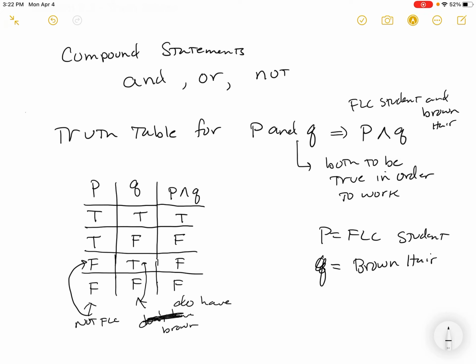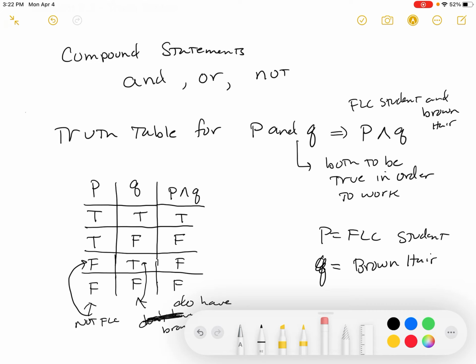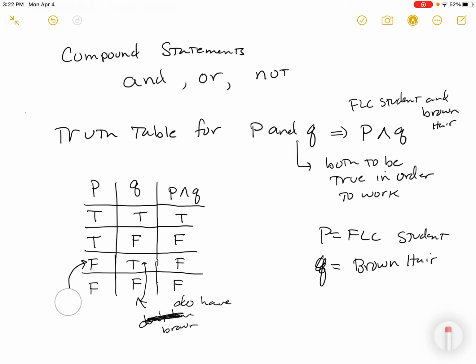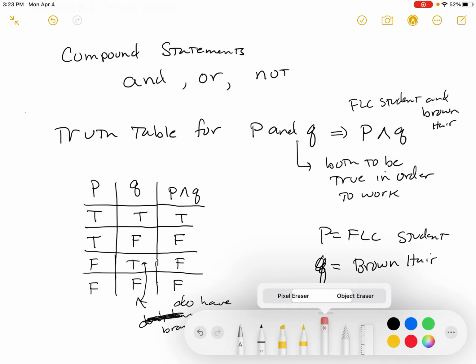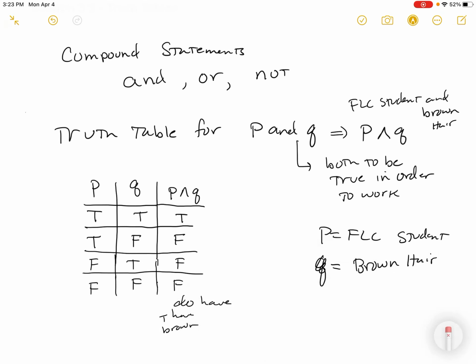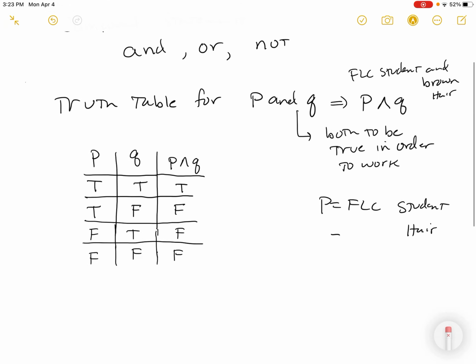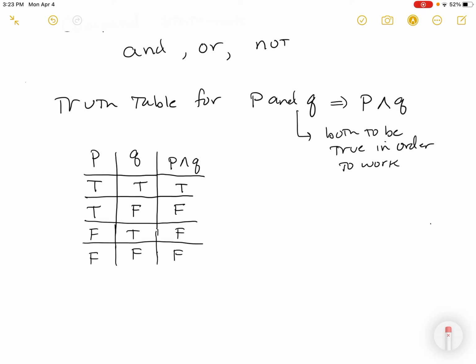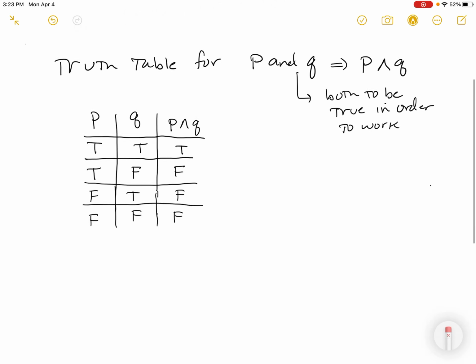And so it's very much connected to the decisions we were making before with overlap and mutually exclusive in that regard. So you do have some frame of reference for this as we go forward. But that's the truth table for and, regardless of my brown-haired example, right? So with an and, they both need to be true in order for the overall condition to be true.